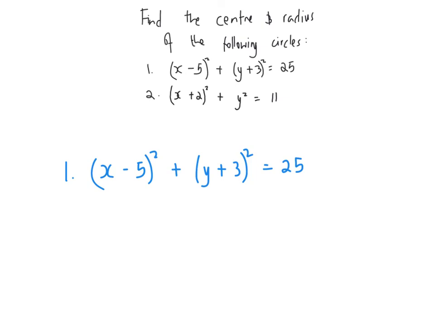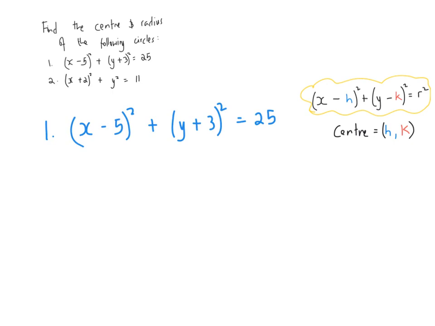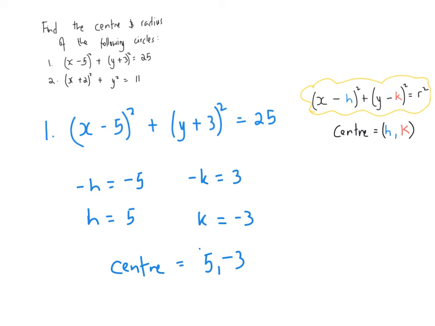Now if we rewrite our equation of a circle formula, so well, from this I know that minus h is going to be equal to minus 5, so h is equal to 5. And here I know that minus k is equal to 3, so k will be equal to minus 3. So the center of this circle, the center is equal to 5 comma minus 3.